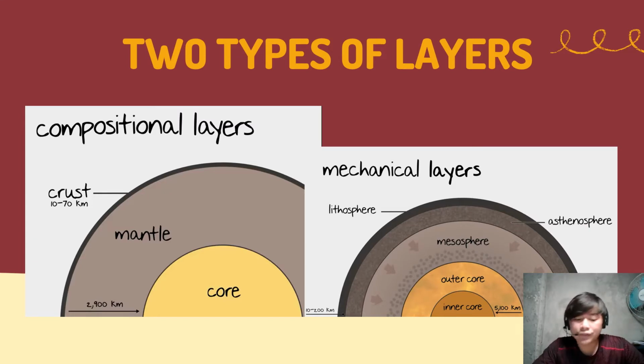The asthenosphere contains the same material as the top layers of the mantle, but the pressure and the heat are increased, and it's not exactly a liquid, but it does move like a heated rock.